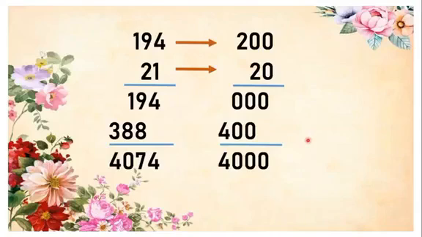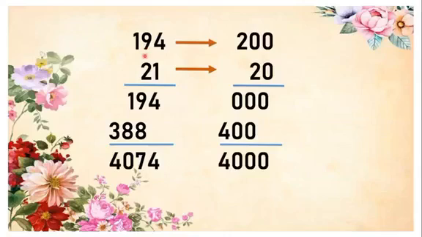Now, if we are going to look for the estimated product, you have to round off first the multiplicand. Look at the highest place value here, which is in the hundreds. Assess the tens, or the number on the right side. Is it within 5, greater than 5, or below 5?